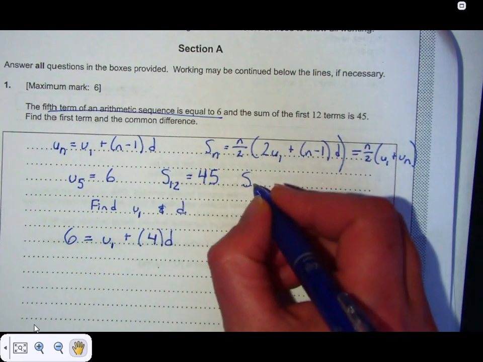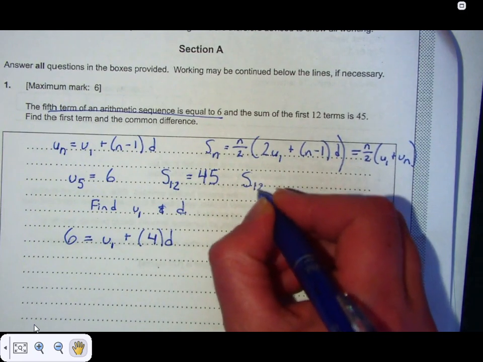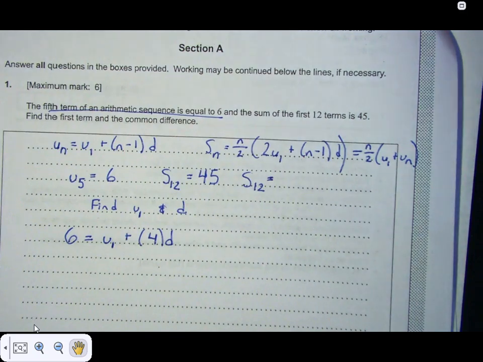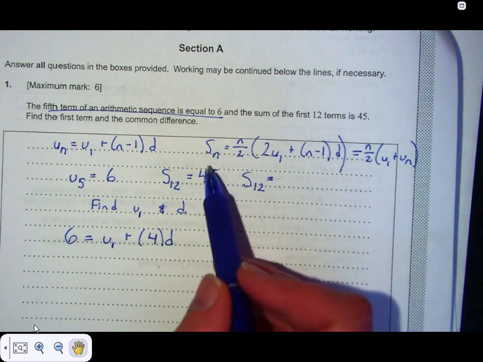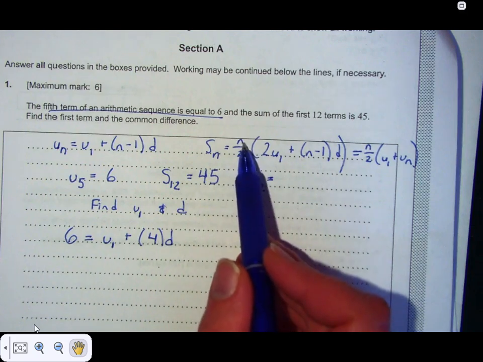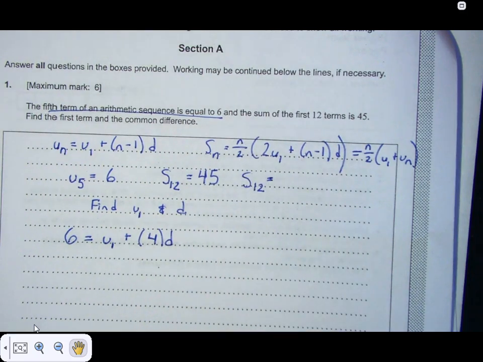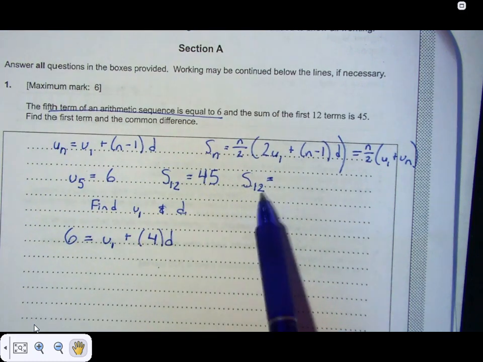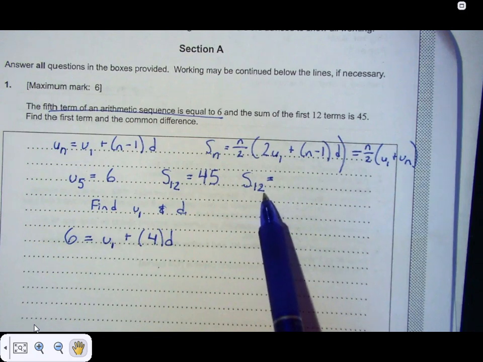All right, so we're going to do s sub 12. So s sub 12 would be, what's n? We did say it was 5, but for this, when we're doing s sub 12, that means 12 is your n.